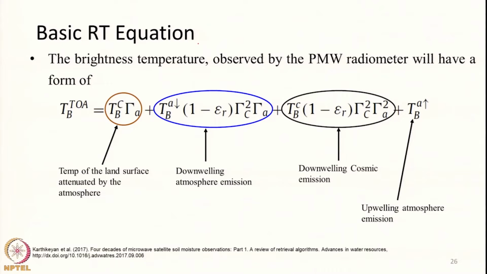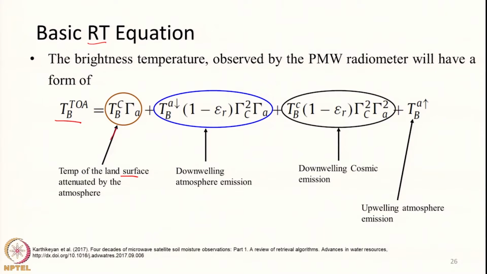effect of vegetation. The basic equation, what we call the radiative transfer equation, says that the brightness temperature observed by the satellite sensor majorly comprises 4 different components. The first is the brightness temperature of the land surface attenuated by the atmosphere.